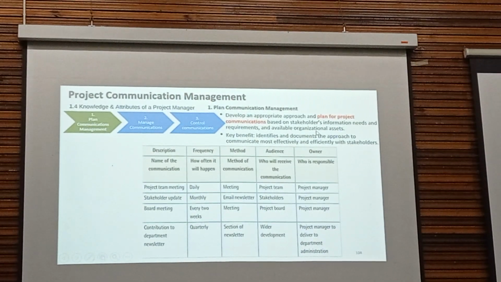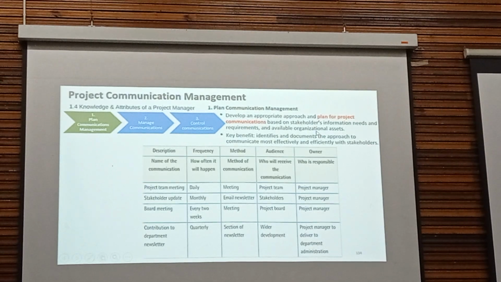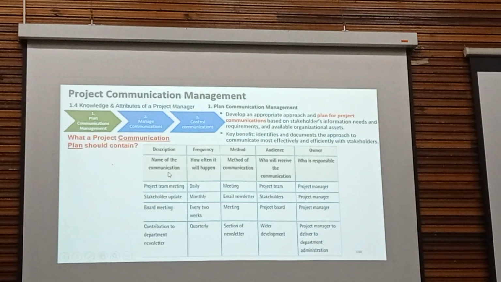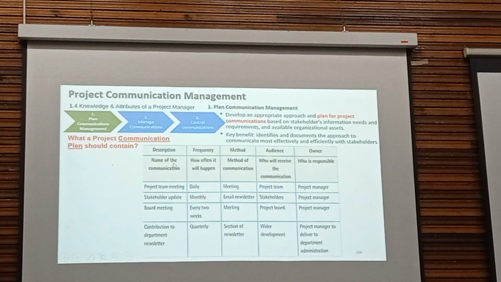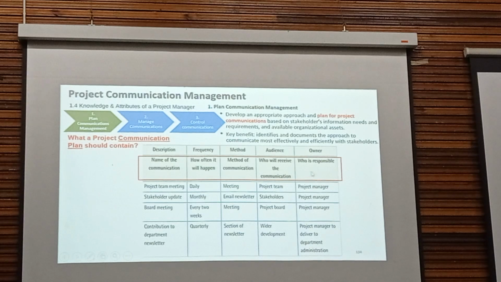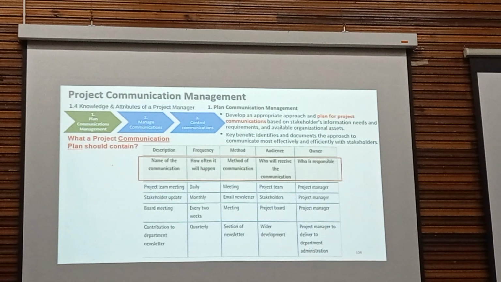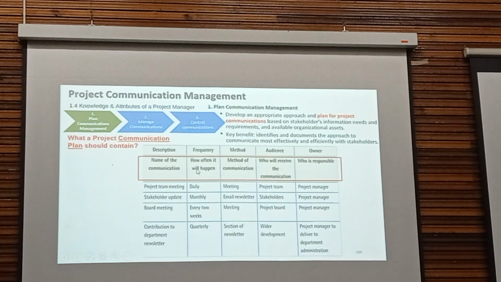Okay, so plan for project communication. What should a project communication plan contain? It should contain all this information. Your communication plan should contain the name of the communication, how often it will happen, which is the frequency, and the method of communication.